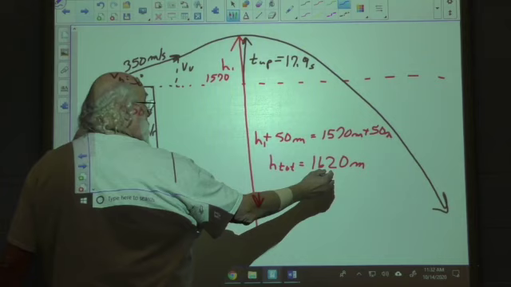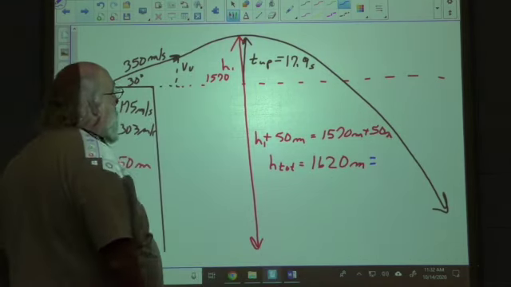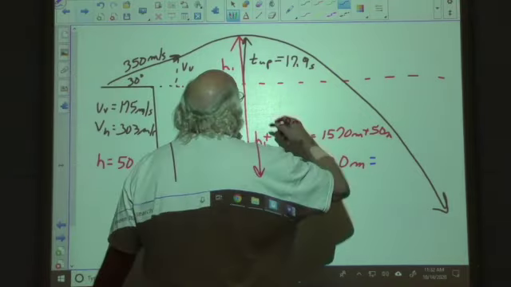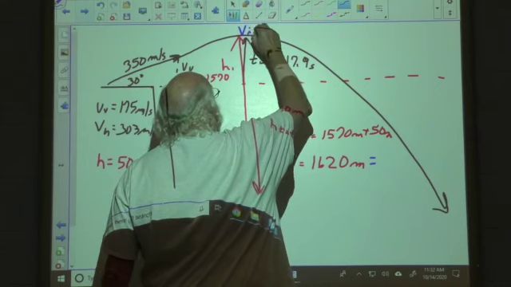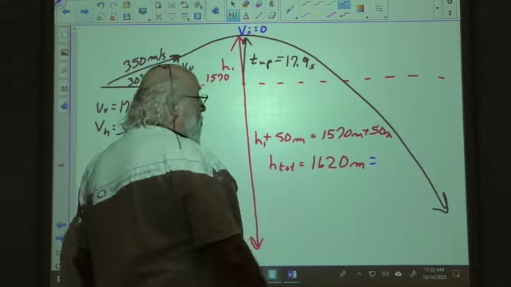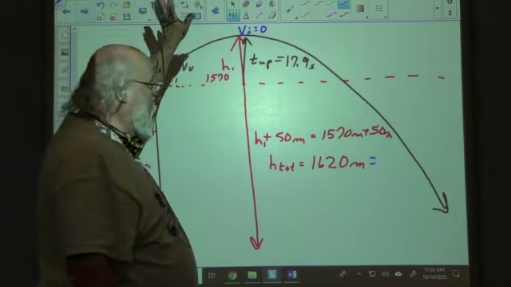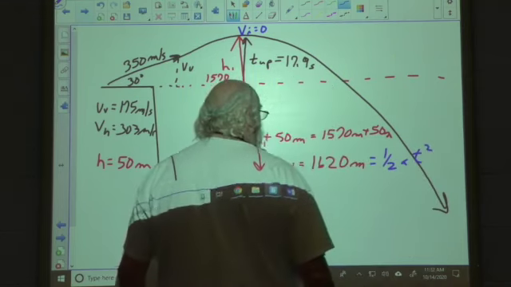So the height we know is 1,620 meters. This is going to be equal to, and since this is going down, at this point the initial velocity is 0. So we don't have to do the VI T plus 1/2 A T squared, because the VI is 0, that drops that first part out. So this is 1/2 A T squared.